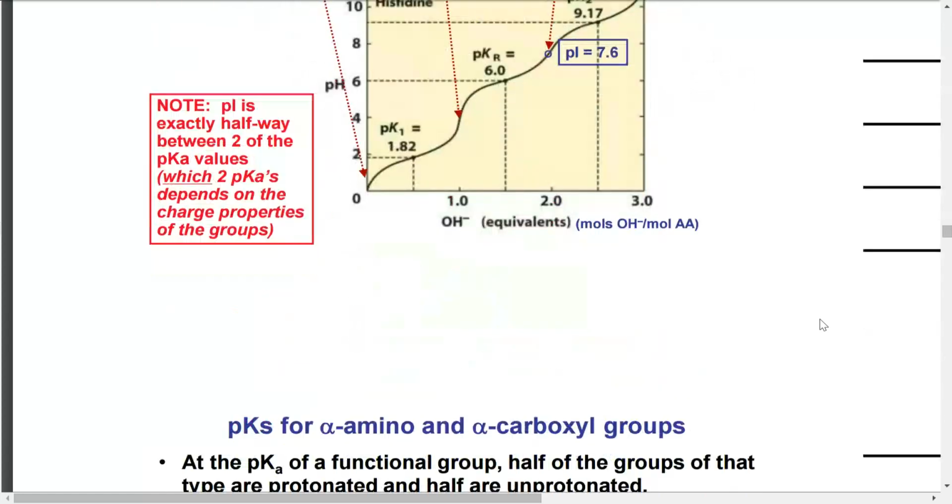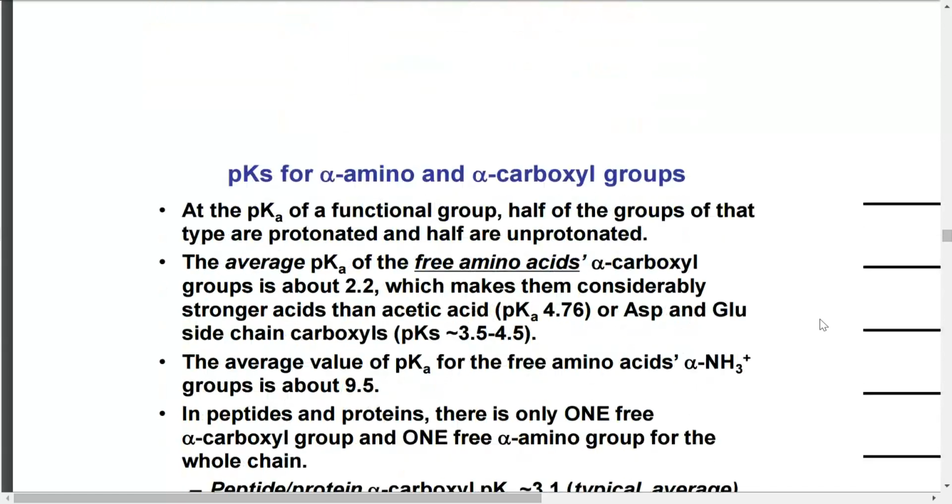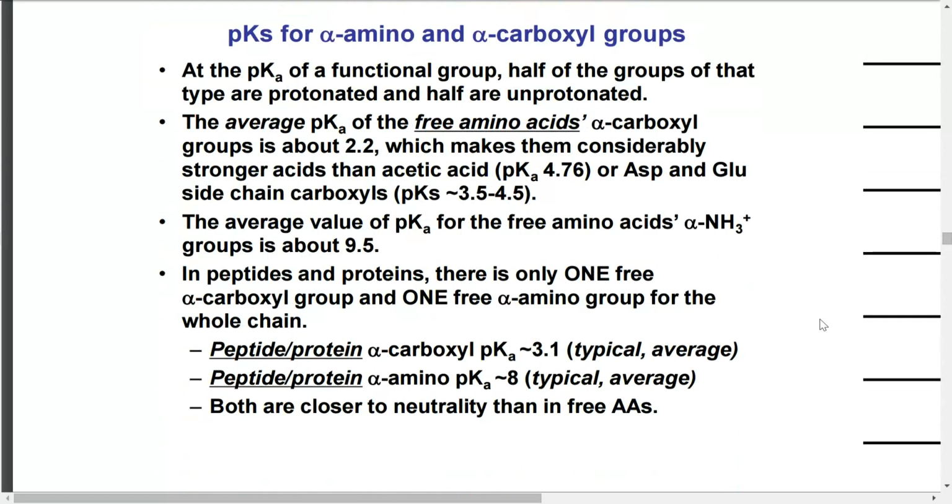Okay, so again, we're always going to care about the ionizable groups on the carboxyl group and the amine group. Generally, it's about 2.2 for the carboxyl group. We have 2 acidic amino acids, one of those is glutamic acid, which is E, and aspartic acid, which is D. Okay, they'll have pKs that are slightly higher than that.